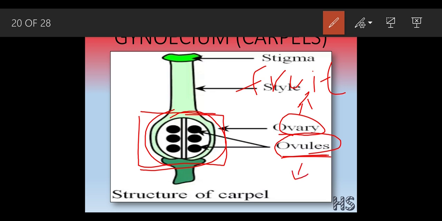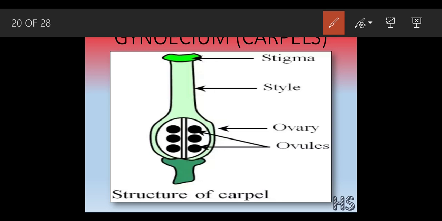Due to these ovules. When ovules mature, they ripen into seed. When the ovary matures, it ripens into fruit. So automatically inside the fruit you are always going to see these seeds, because the ovary holds these ovules inside this part.